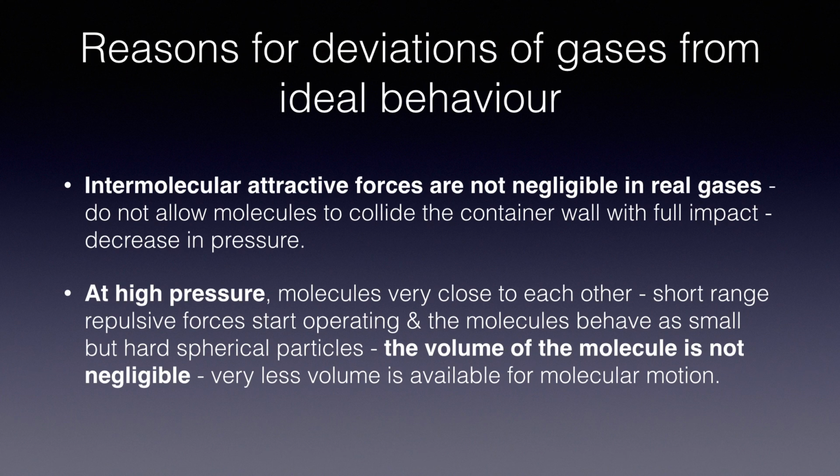Now we'll learn about the reasons for deviation of gases from ideal behavior. Okay, so the first one, intermolecular attractive forces are not negligible in real gases. We have assumed that there are no attractive forces between the gas particles, but whenever we say there is deviation from the ideal behavior, the first point which we should understand is that there will be some attractive forces which exist between the gas particles.